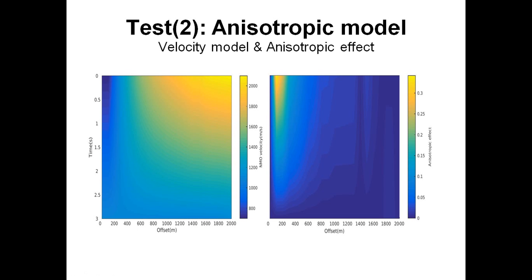We can tell that the velocity is changing with offset, and it's not homogeneous anymore, just because it's very strong anisotropic media, or we can say it's laterally heterogeneous media, which is very hard to correct using the conventional methods. So this one gives you a good flattened, reasonable NMO velocity, and not only this, it can also give you information about the anisotropic effect directly from the velocity data.